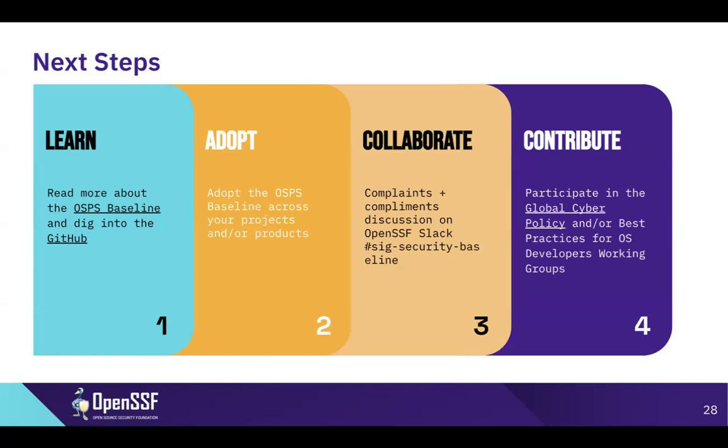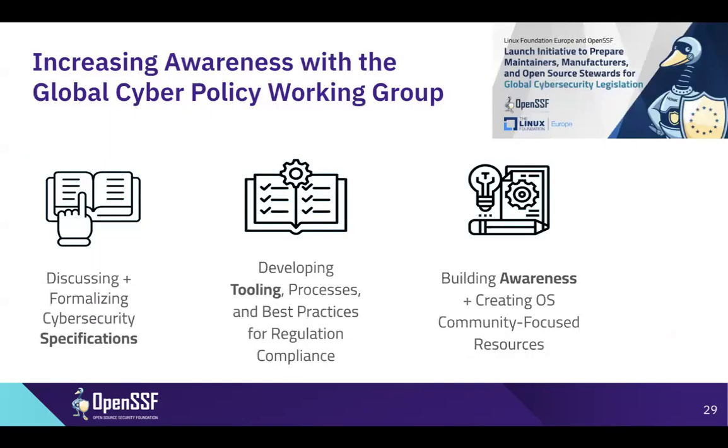We would love to have your involvement in the baseline directly, and also through some of those working groups we're talking about, the Global Cyber Policy Working Group and the Best Practices for Open Source Developers Working Groups. Next slide, please. Okay, so this is where I put in the shameless plug for that Global Cyber Policy Working Group that we just keep talking about.